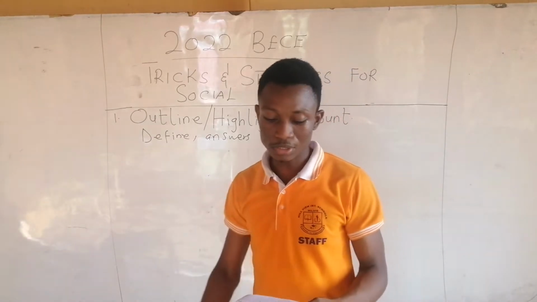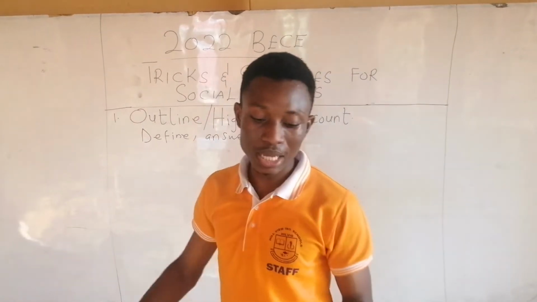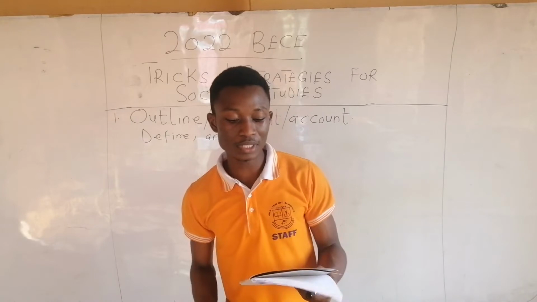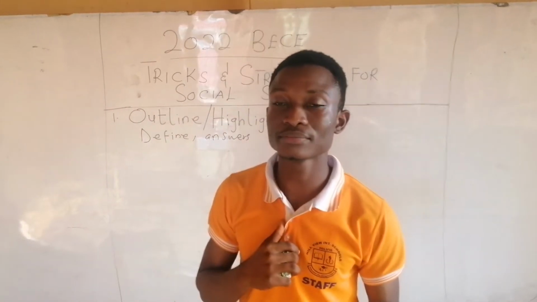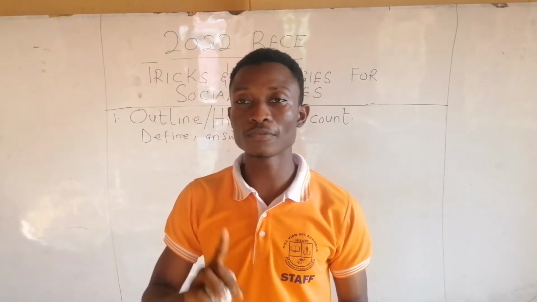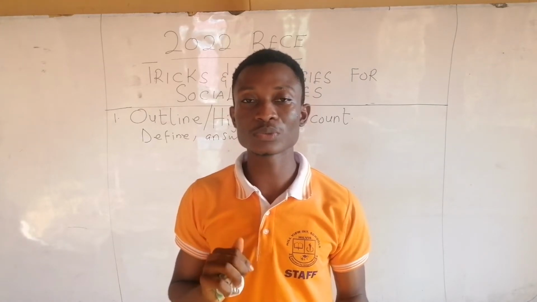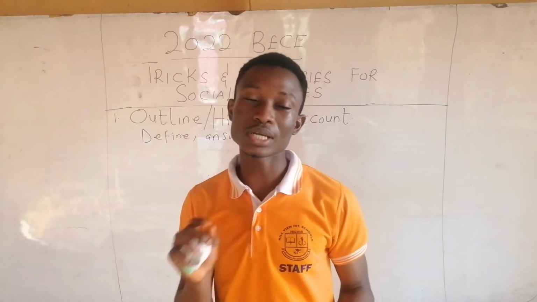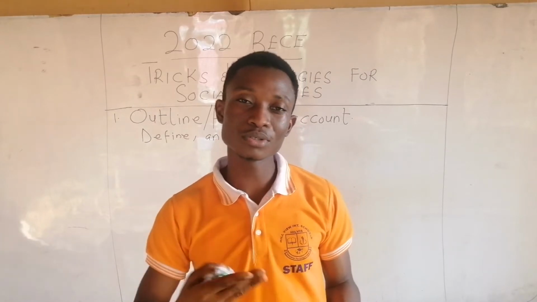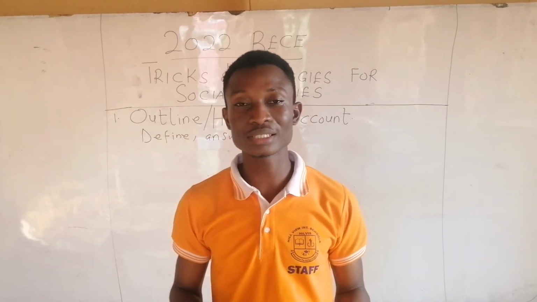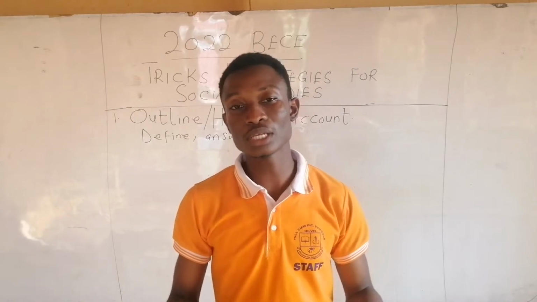Now let's assume this. You have a question like outline for benefit of law and order. So what is the main topic in this question? Law and order. So write something small about law and order before you go to the answers.